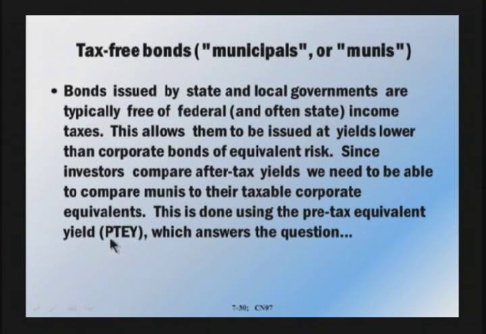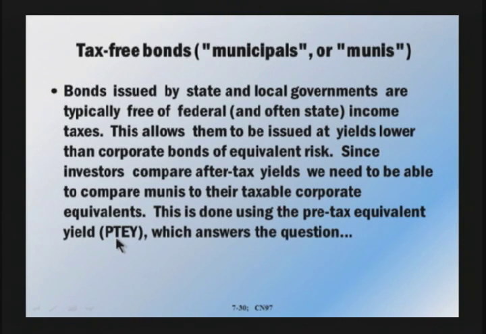Pre-tax equivalent yield, meaning what yield, if it were taxable, would the municipal bond really be providing us with? To what taxable corporate rate should I compare the municipal bond that is tax-free?